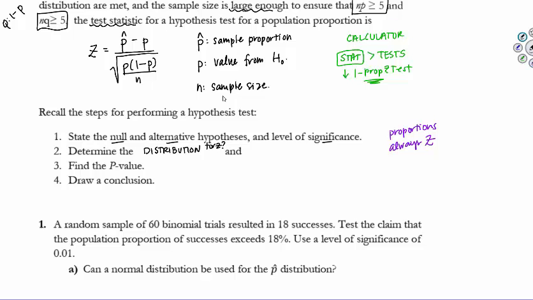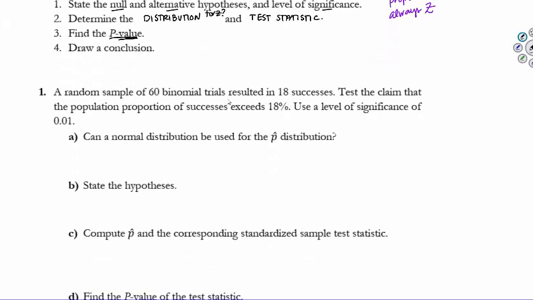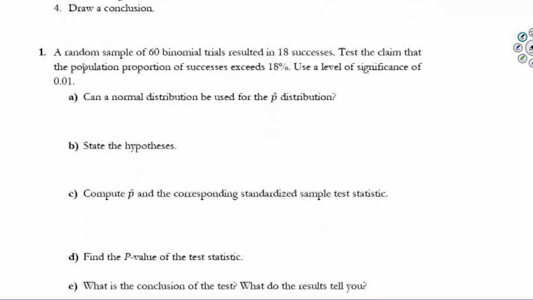Once we know the distribution, we can calculate the test statistic. Once we have the test statistic, we can find the p-value of said test statistic, and then finally make a decision. Reject the null hypothesis, fail to reject, and conclude if we have sufficient information from the sample to support or reject the null hypothesis.